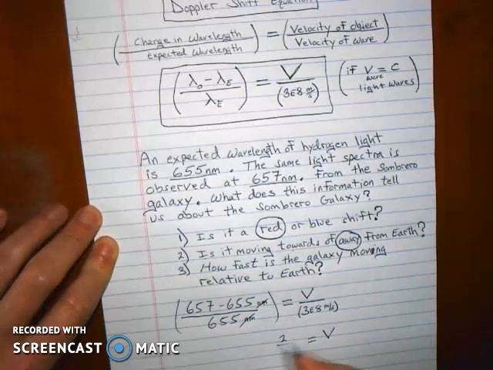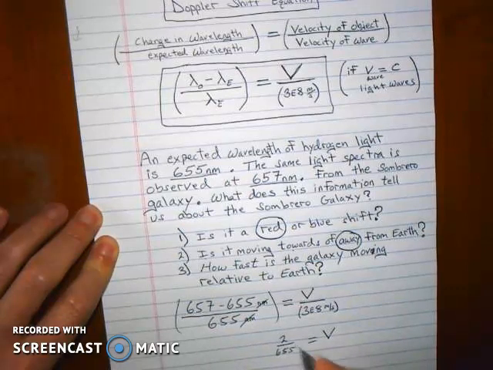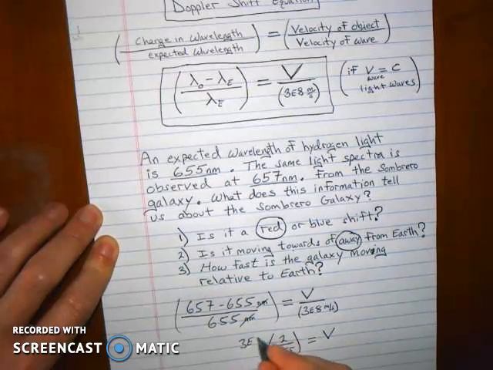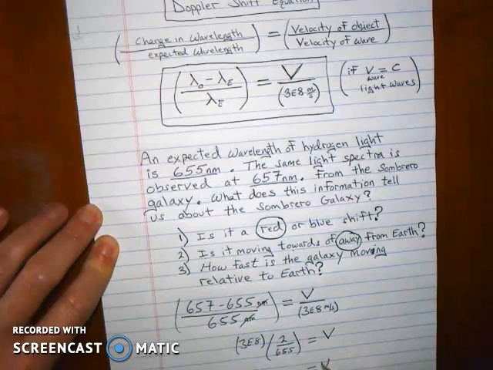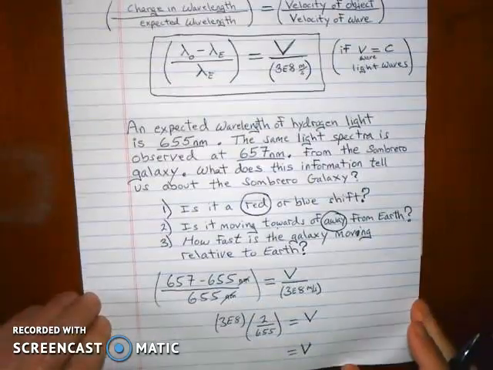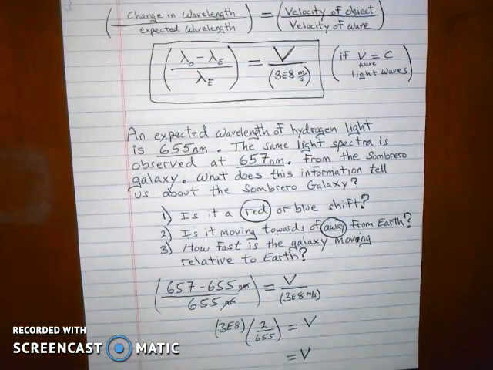So the difference is 2 divided by 655. That ratio cross-multiplied by 3e8 gives us the recessional velocity of this object we're observing.